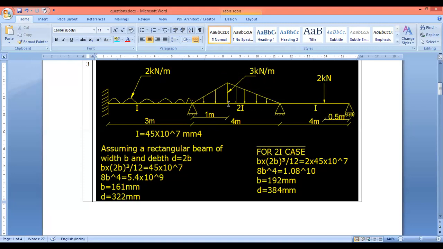After that, from 1 meter it is 3 kilonewton per meter, and at 4 meters it is 0. We should give the input in such a way that 0 to 1 meter you should provide, afterwards 1 meter to 4 meter you should provide separately, so that it will form a triangular load of this kind. Okay, we will go back to StatPro.